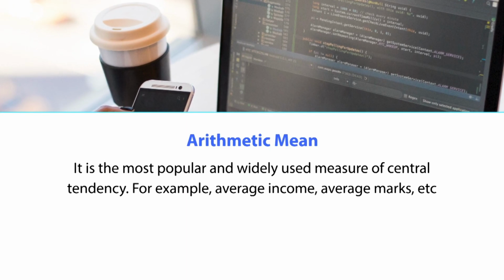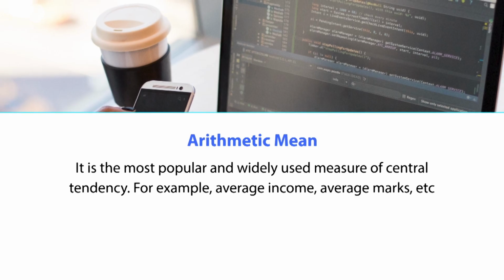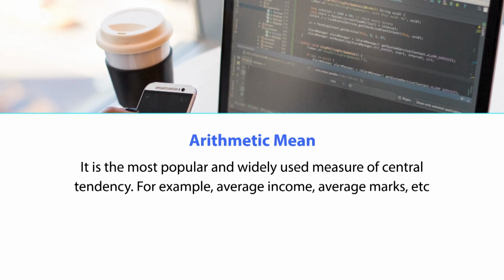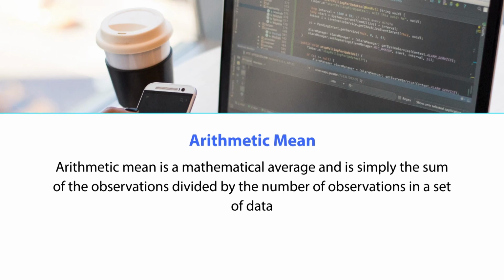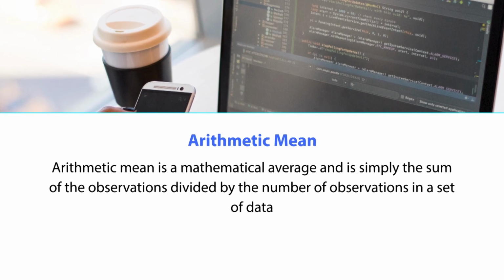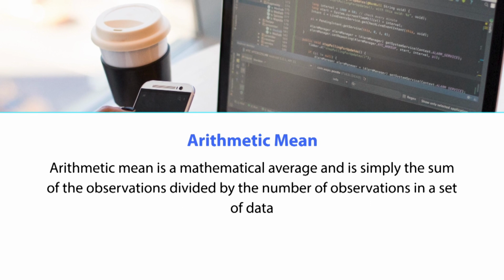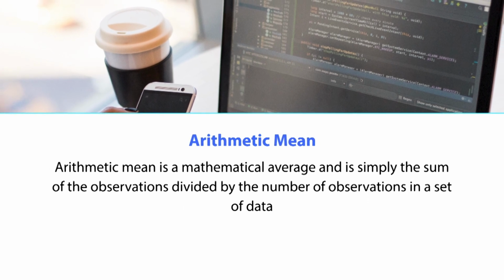We always hear the word average in our daily routine, like average income, average marks, average intelligence. Arithmetic mean is the arithmetic average and is simply the sum of observations divided by the number of observations in a set of data.